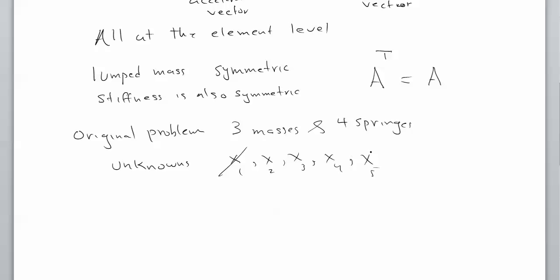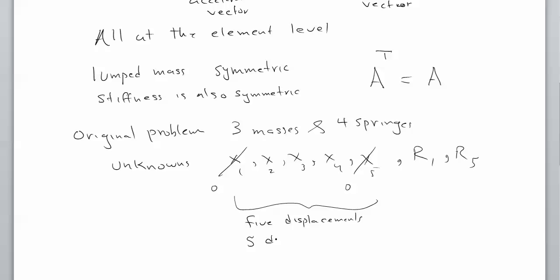Now mind you that these are 0. These are the displacement at the wall, and there are reaction forces at the two walls. There are 5 displacements, and this is why it has 5 degrees of freedom.